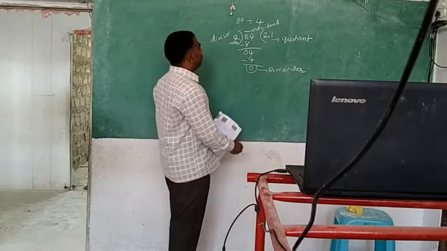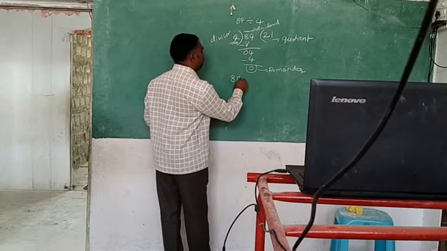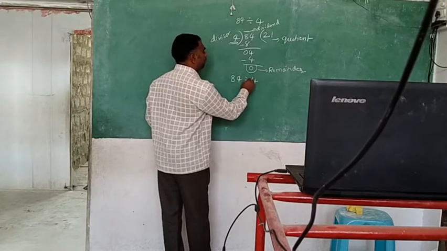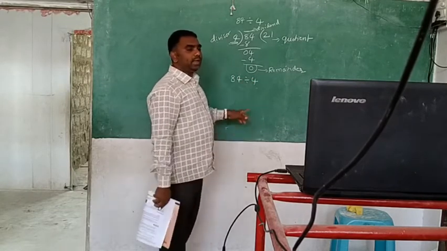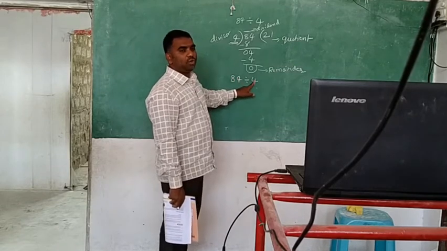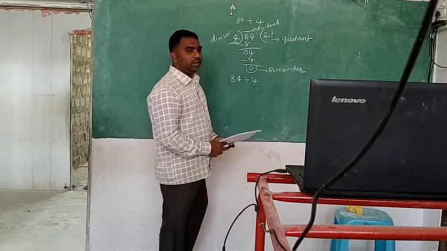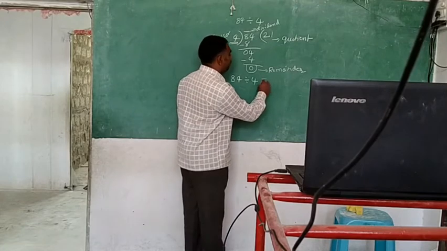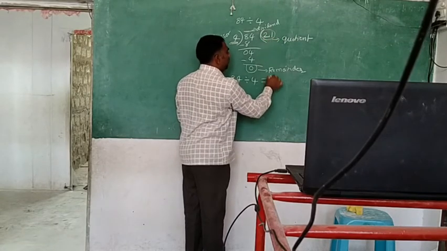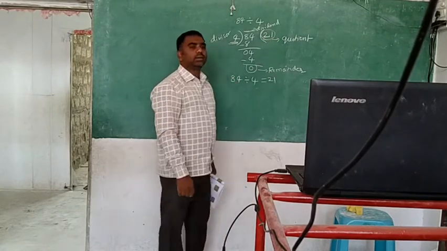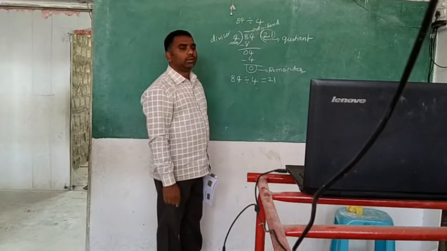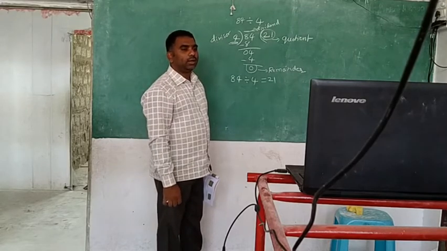So when you are dividing 84 chocolates among 4 members, then how many chocolates does each one get? 21 they will get each one. Okay. Do you understand?